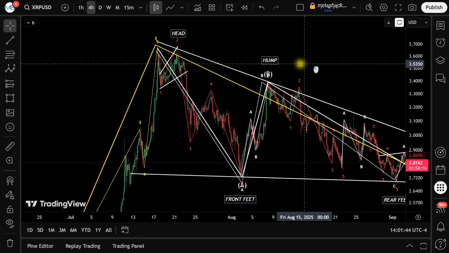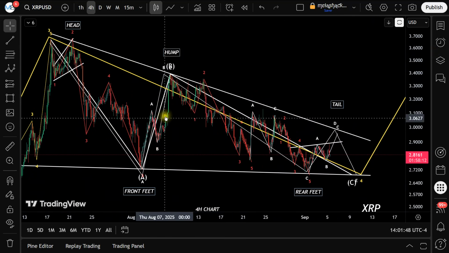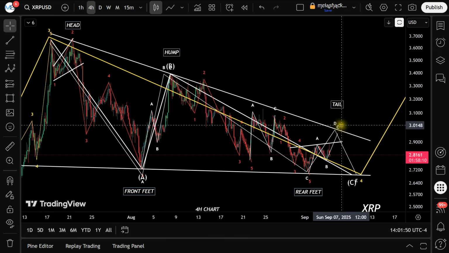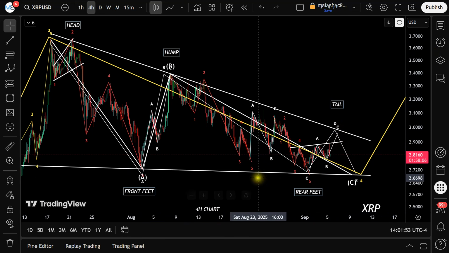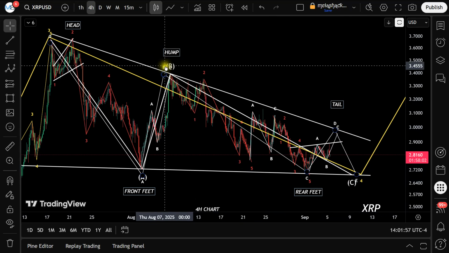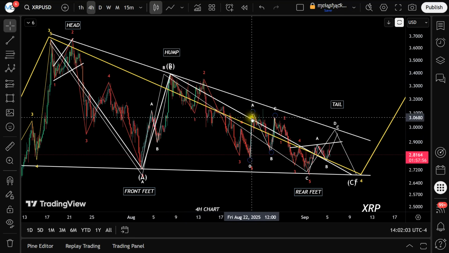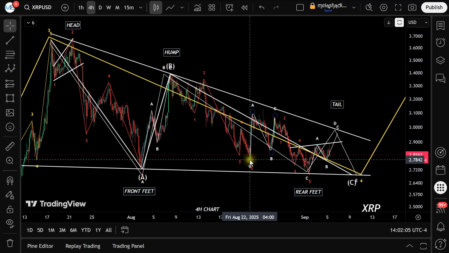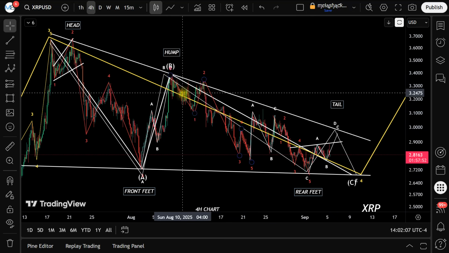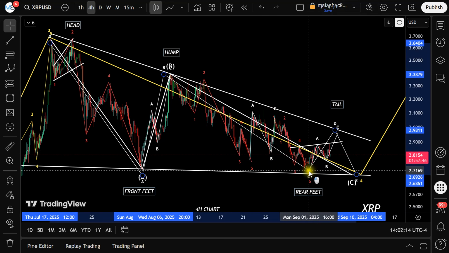When coming into this now, we can see that what we actually have is an A, B, C, D, and an E. This wave right here was faking even me out for a minute because it looked like this was going to be the C, but when it bounced and then this leg here came below this, I realized that this was all just one wave, making it the C wave.